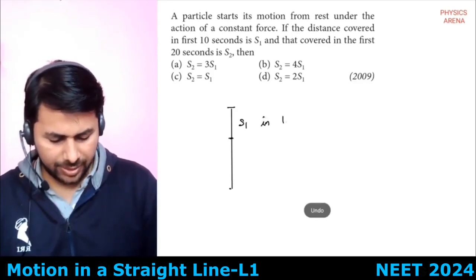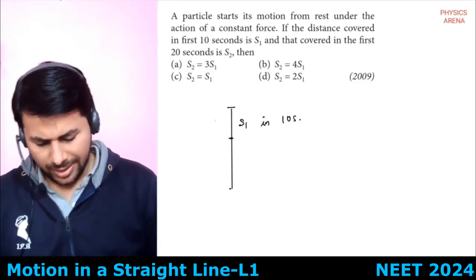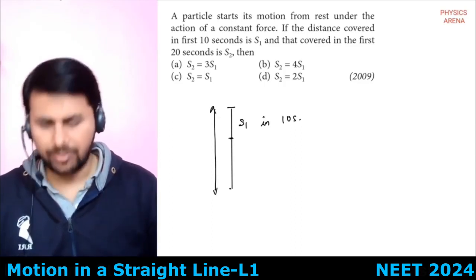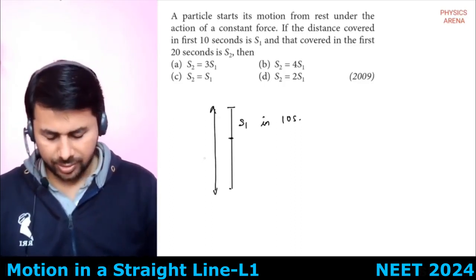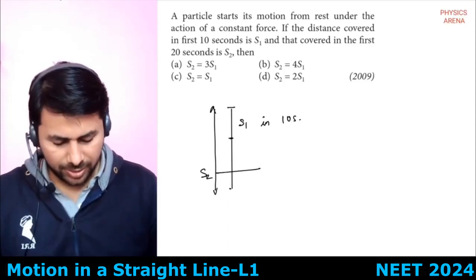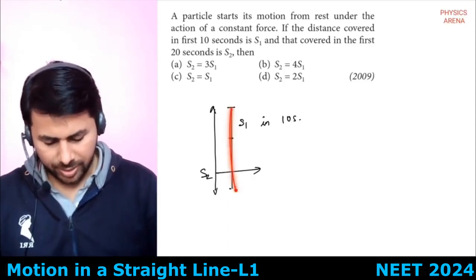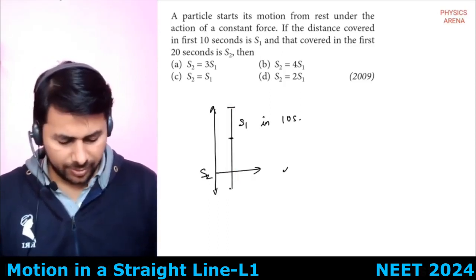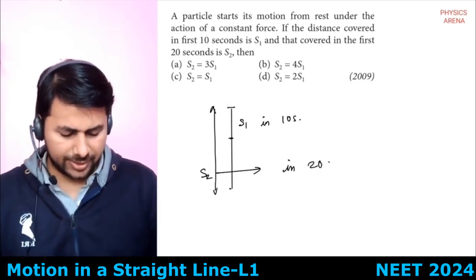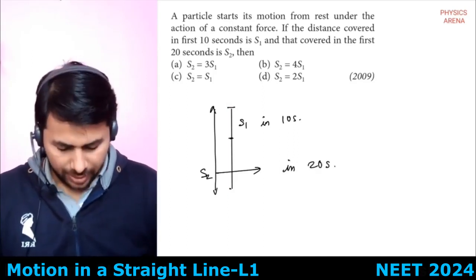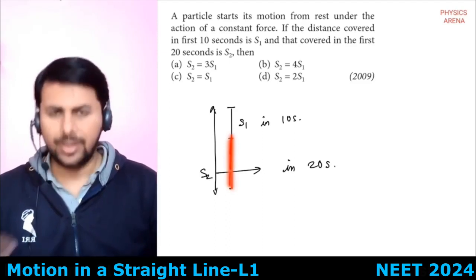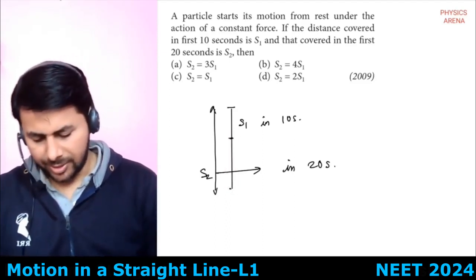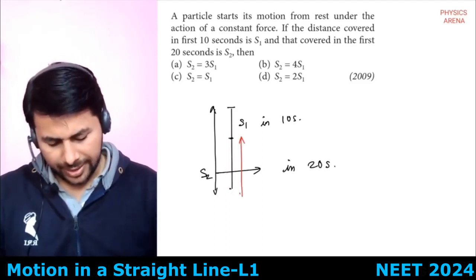And this much distance is covered in 20 seconds. So this is S2. S2 is covered from here to here, in 20 seconds. So this is S2 minus S1. Let's call this distance X.